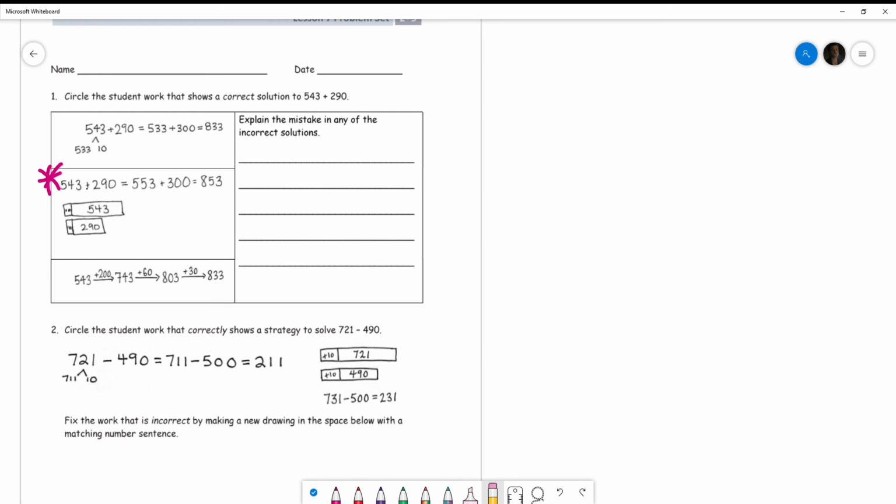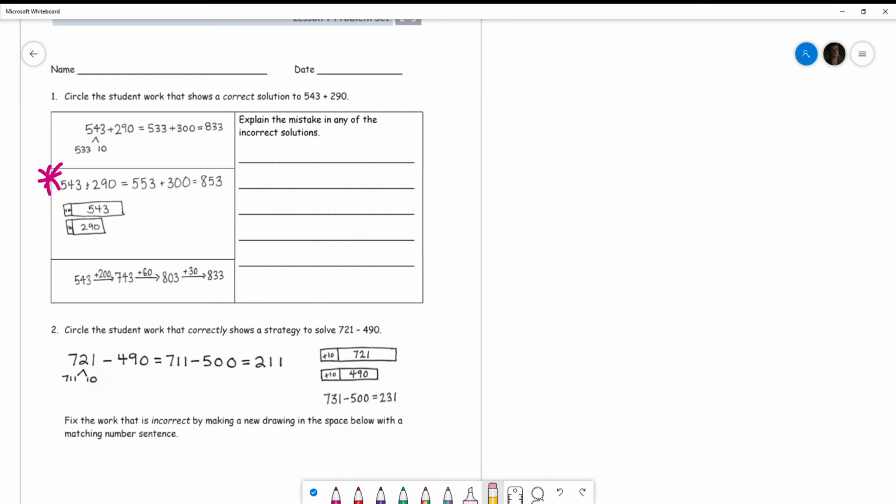Number 2, circle the student work that correctly shows a strategy to solve 721 minus 490. Looking at both problems, you are going to decide which one is incorrect.